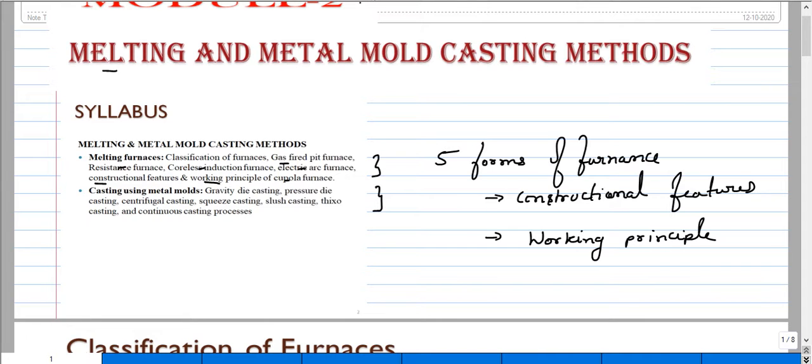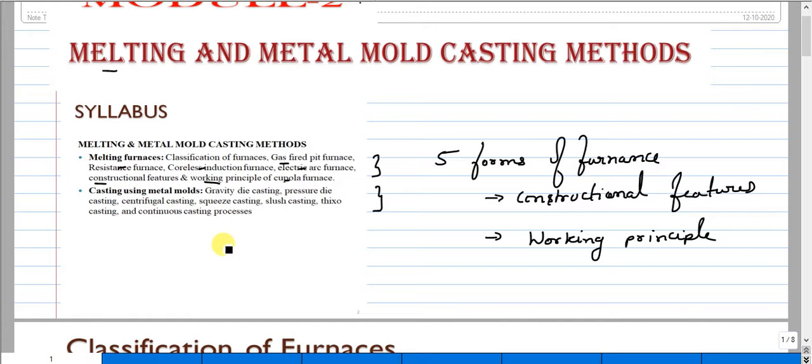So here the melting process will be carried out in the furnace. A refractory lined metallic shell, where the conversion takes place from solid to liquid with the application of heat, we call it a furnace.